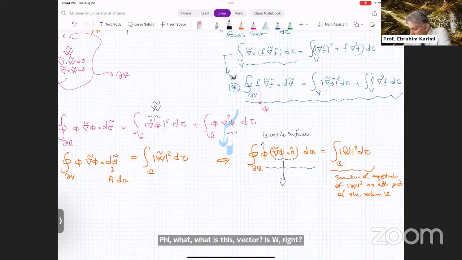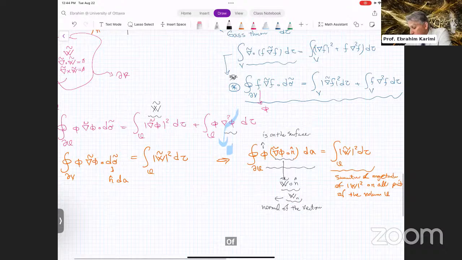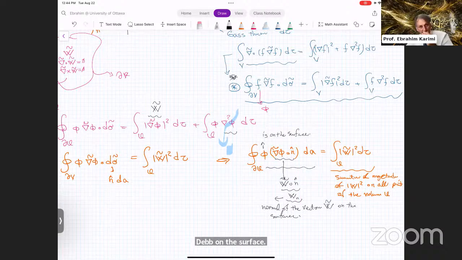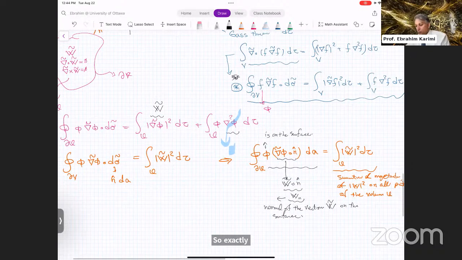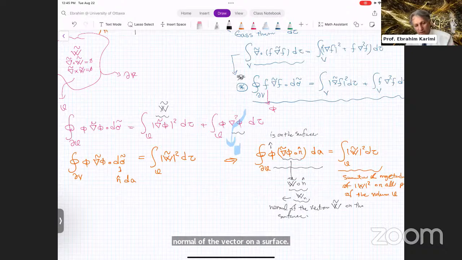So that will be W dot n, which I will call Wn, the normal component of the vector W on the surface. So you got it properly. The magnitude of the vector, W squared on a volume, will be determined by the normal of the vector on the surface and phi.